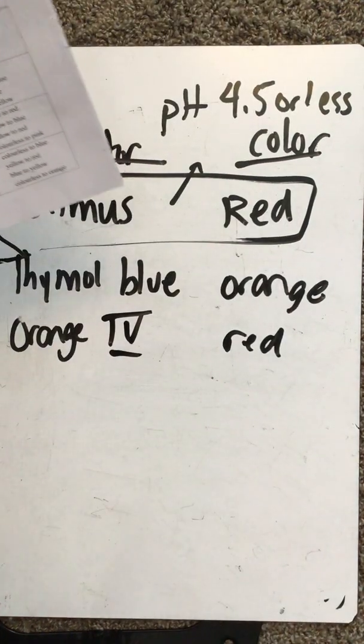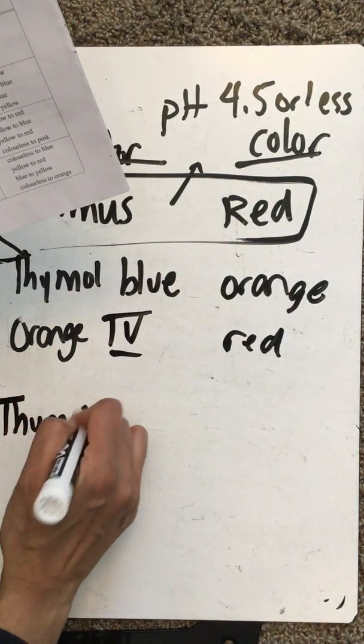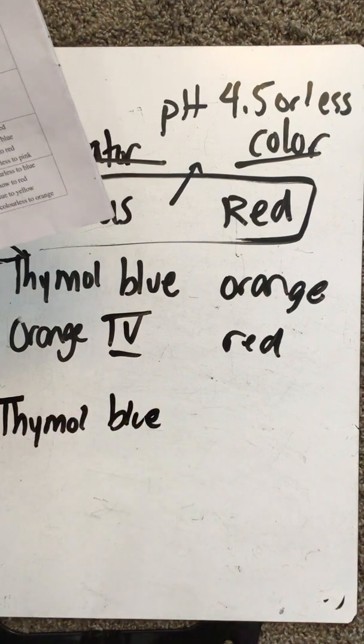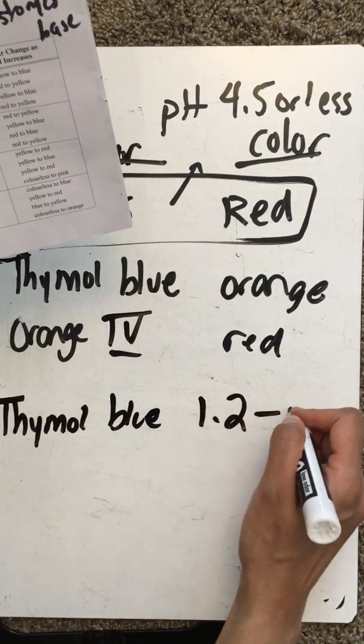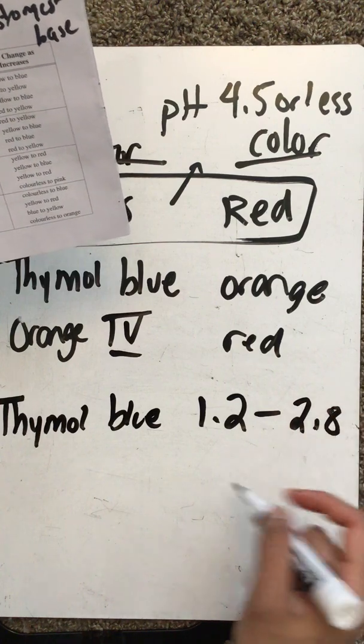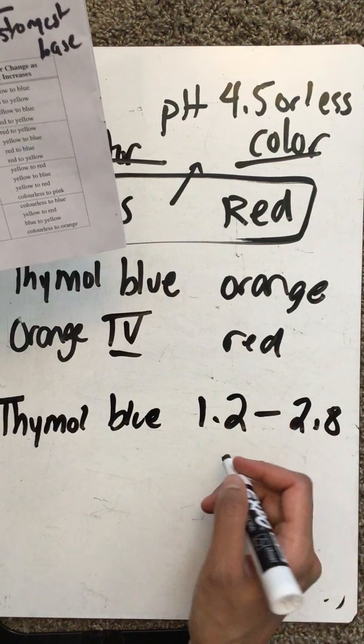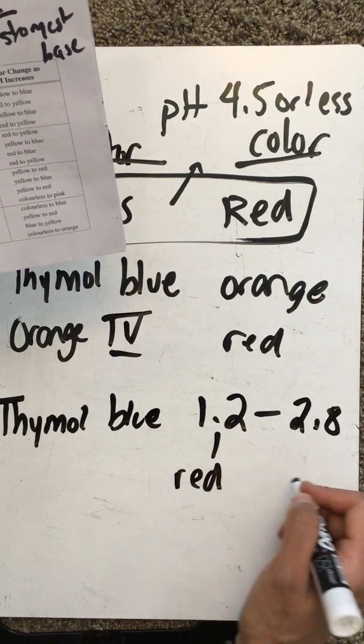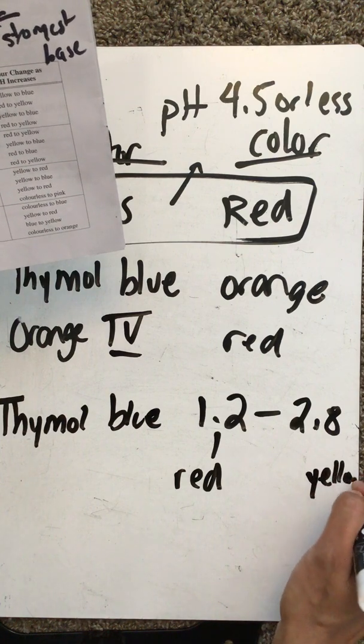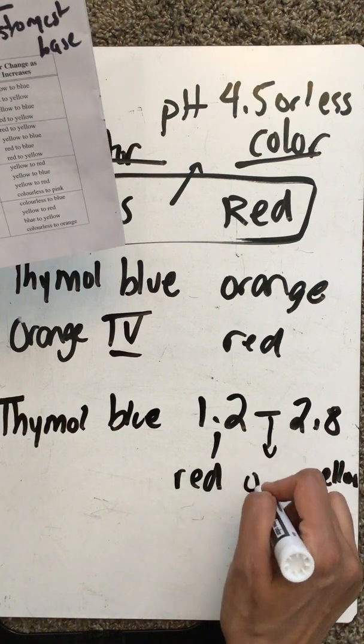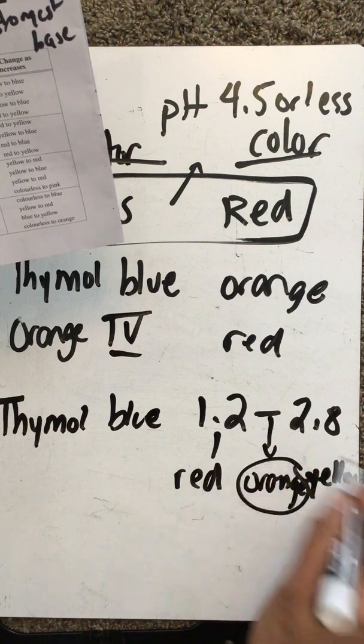When we do thymol blue, I see it has a pH range between 1.2 and 2.8. At 1.2, it's red. At 2.8, it's yellow. And that in-between color is orange.